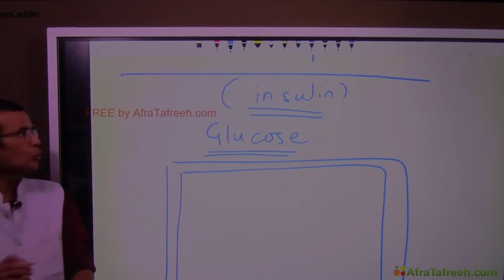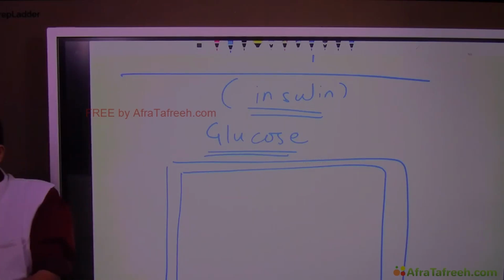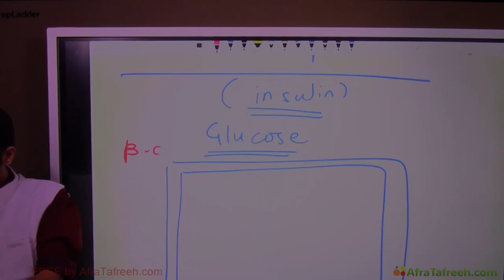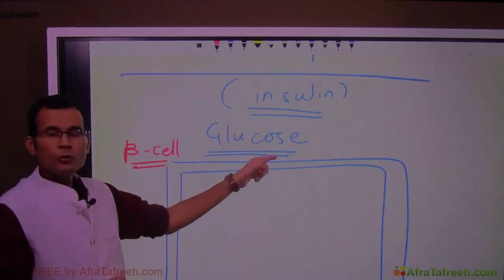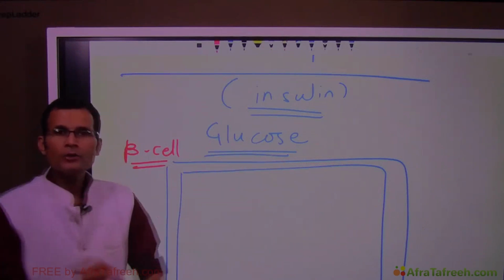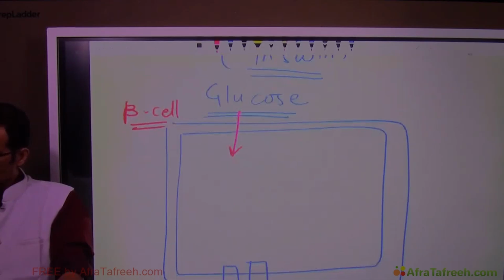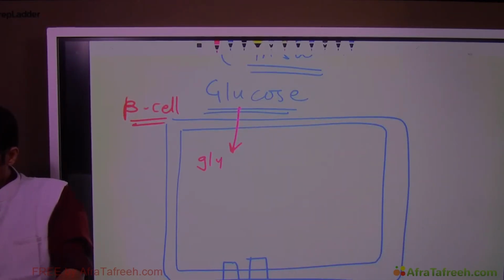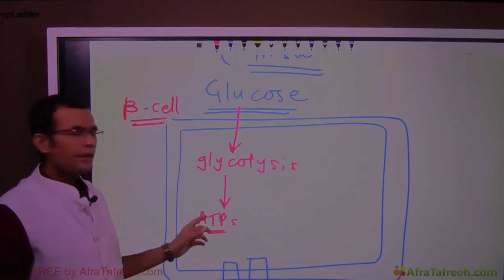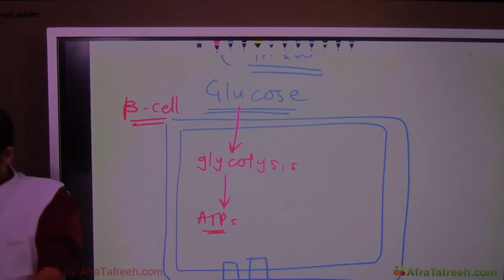Here is the blood glucose. We are showing the pancreatic beta cell. So increased blood glucose enters the pancreatic beta cell. It undergoes glycolysis. Glycolysis will generate the ATPs. And sensing these ATPs, the ATP sensitive potassium channel will close.